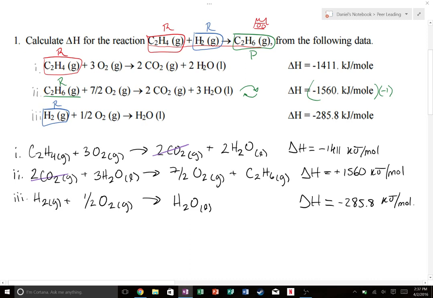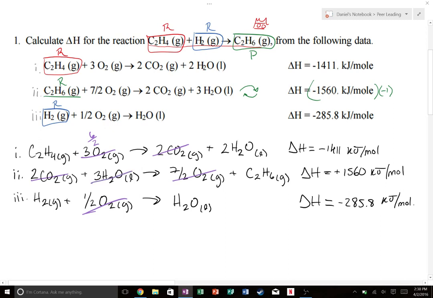For those of you who might not be that proficient in math, three oxygens is the same thing as 6 halves, right? I hope everyone can see that. So 6 halves plus the 1/2 down here is going to give us 7.5 total, or 7 halves total, which cancels out with this 7 halves over here. So we get rid of that from our reactions.